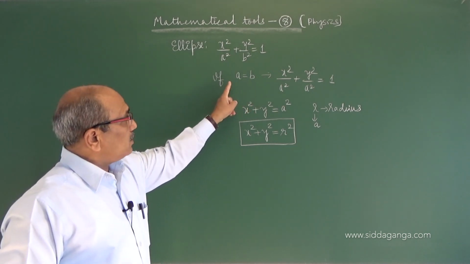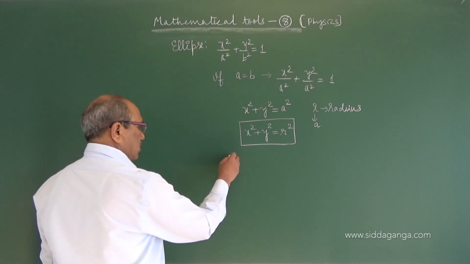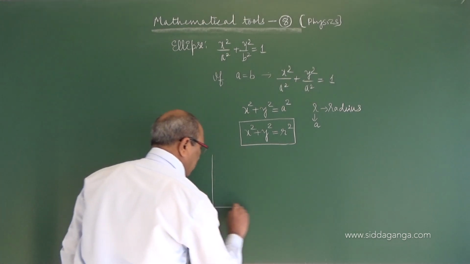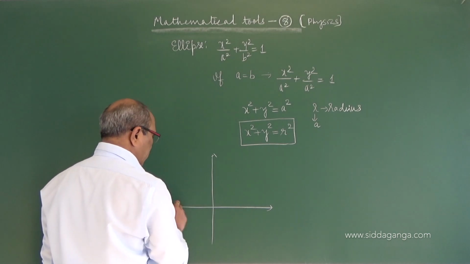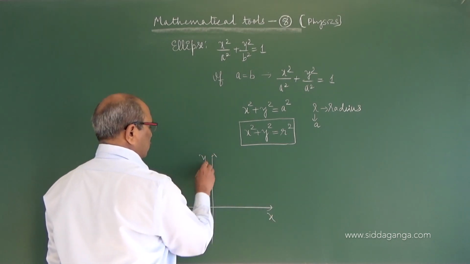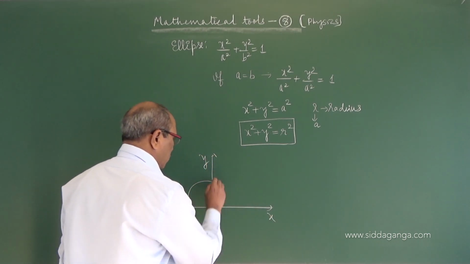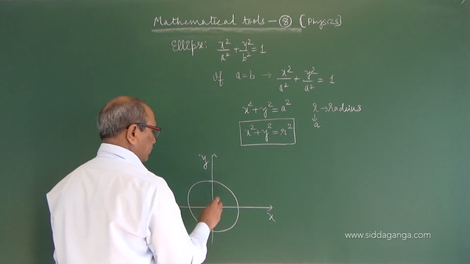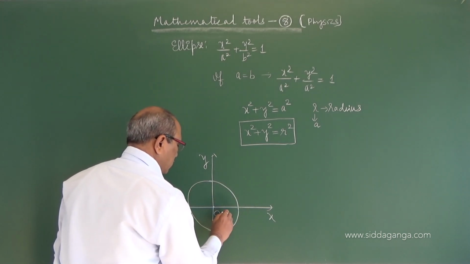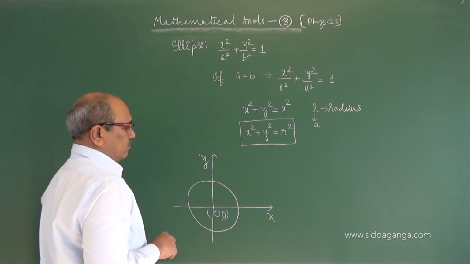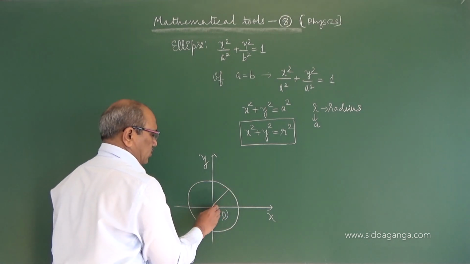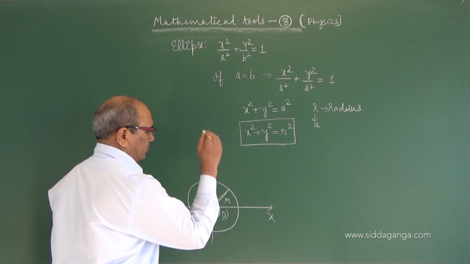Now if they take the same value, the locus converts into a circular shape. We get a perfect circle with the origin as center. This is the radius of the circle.